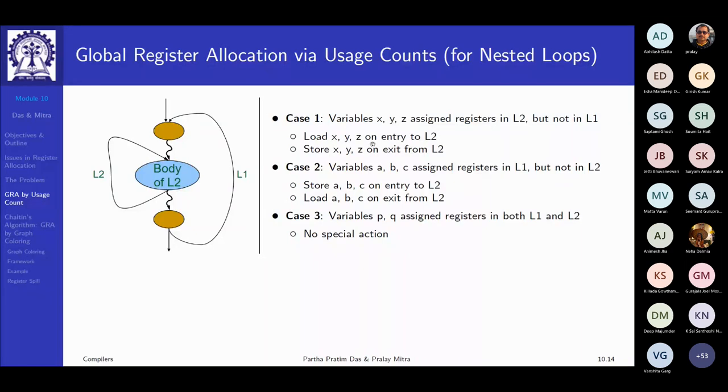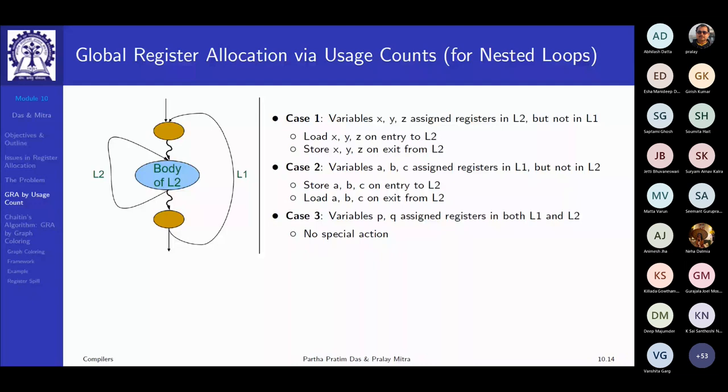So obviously there are possibilities that the variables X, Y, and Z are assigned registers in L2, but not in L1. If that is the case, then you'll have to load X, Y, Z on entry to L2 and store them back on exit, because you need those variables in the register in L2.